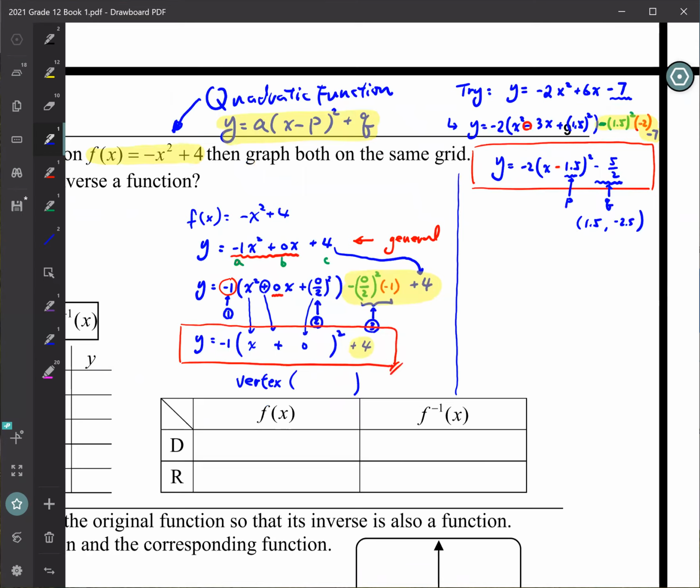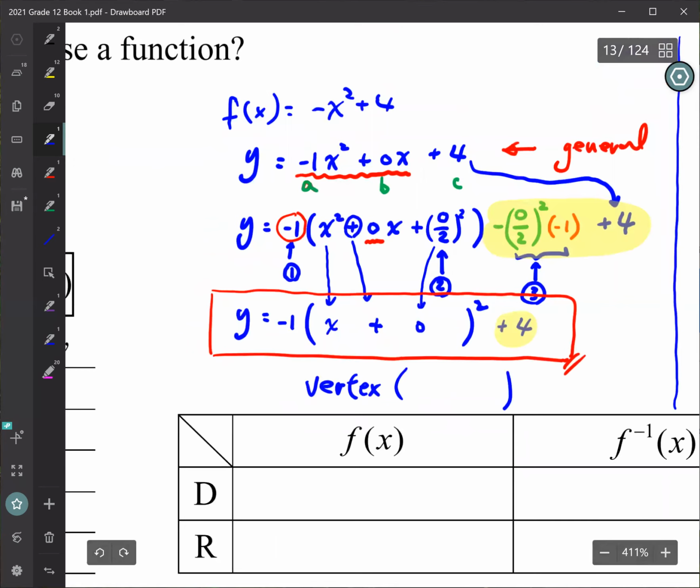All right, so Nick, where's the vertex? Is it negative 2.5? Okay, where did you get that from? We're looking at the question, this one. Oh, 4. For X or Y?